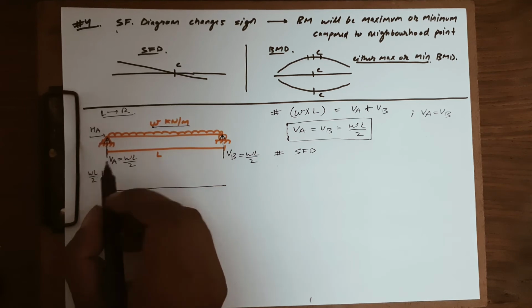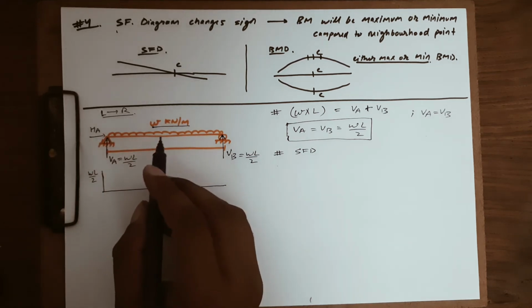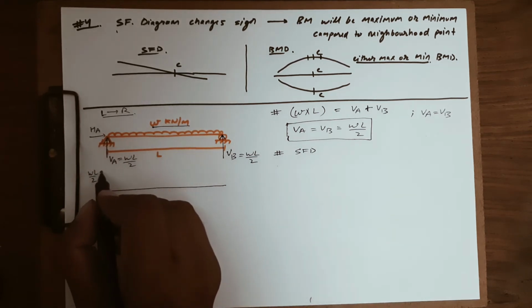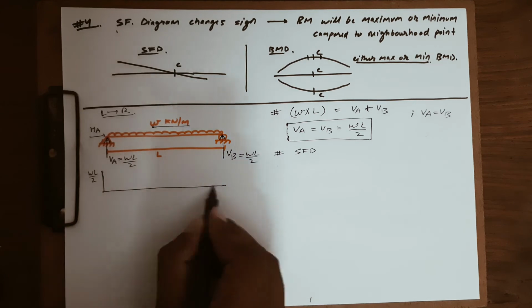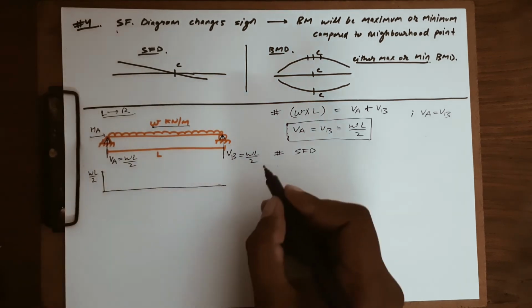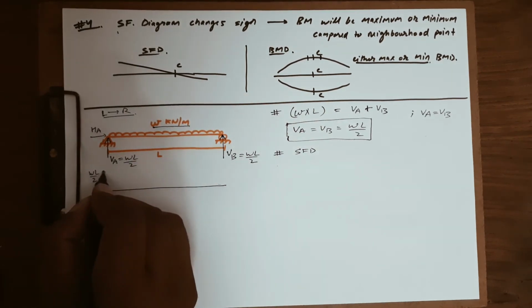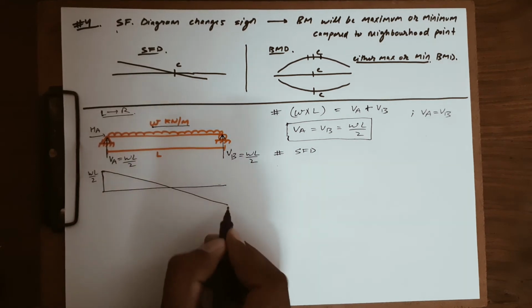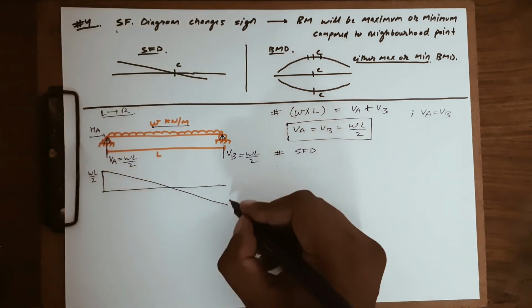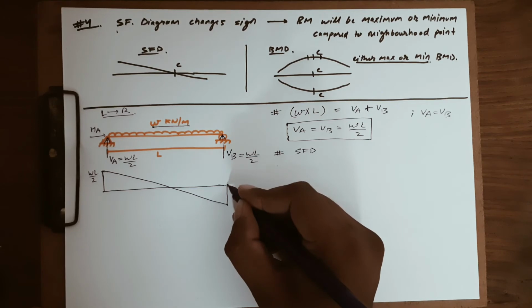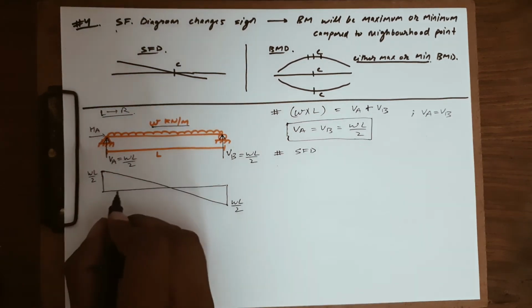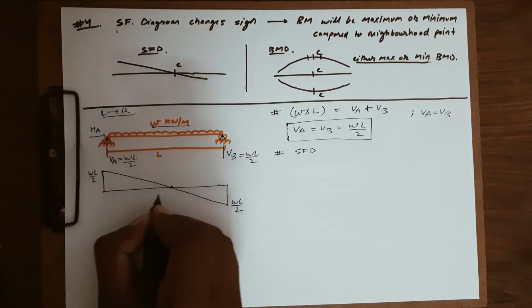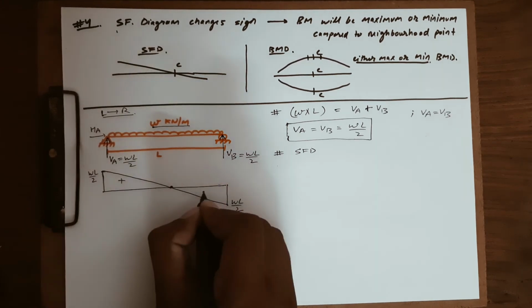Now the UDL is acting, which means the shape of the SFD will be an inclined straight line. As the load is acting downward, we get this shape, and the upward force is WL by 2. Now at this point the shear force diagram changes sign.